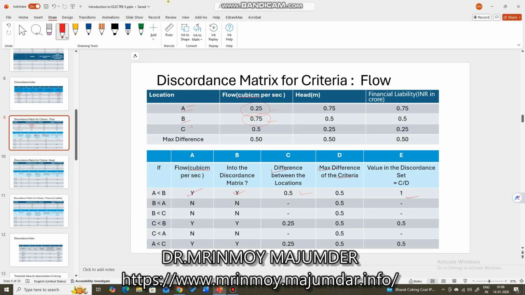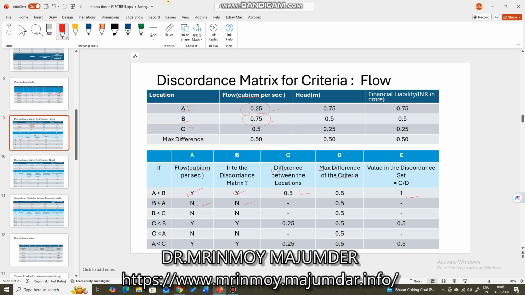But when the condition B less than A doesn't hold true, then there is nothing to do. Here you see the second order comparison: B is less than A? B is 0.75, A is 0.25. Cannot be. B is not at all less than A, so nothing goes into the discordance matrix.